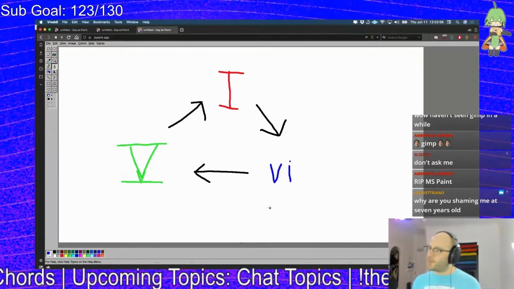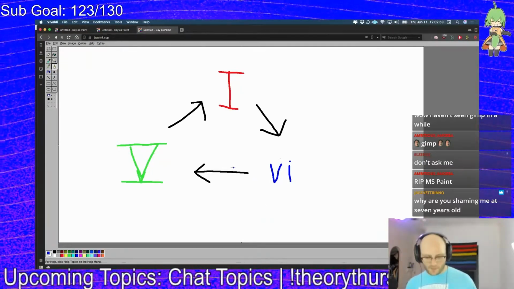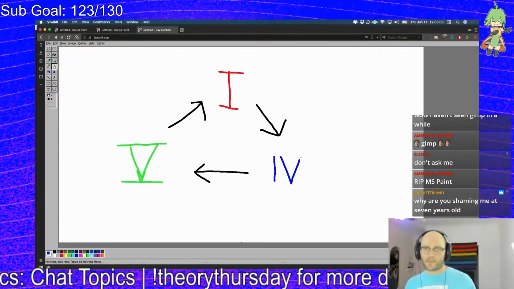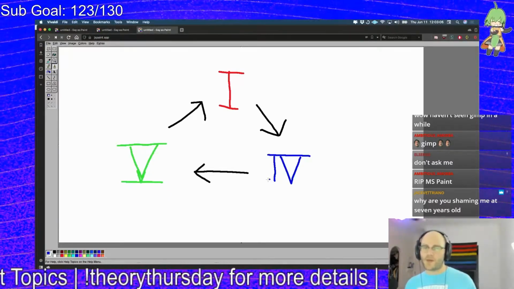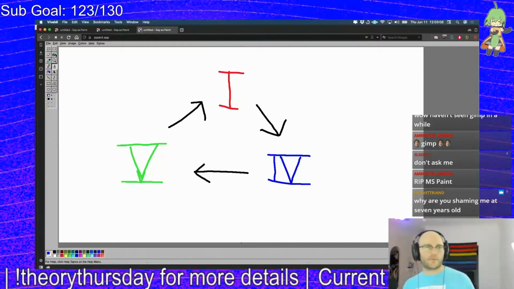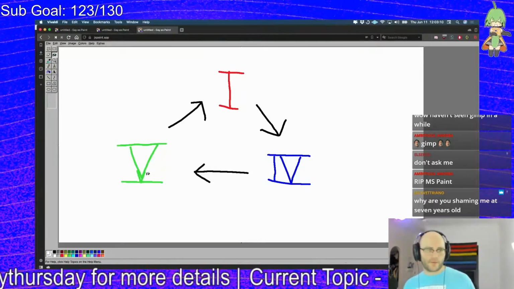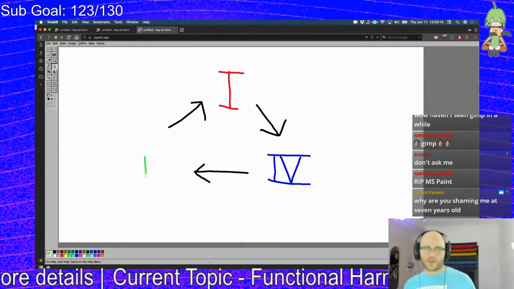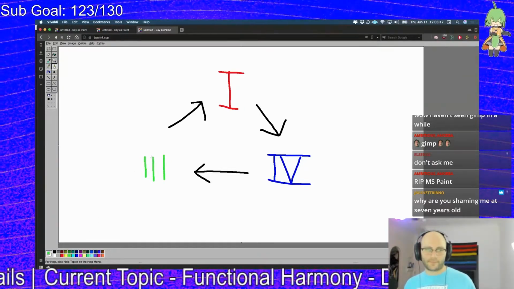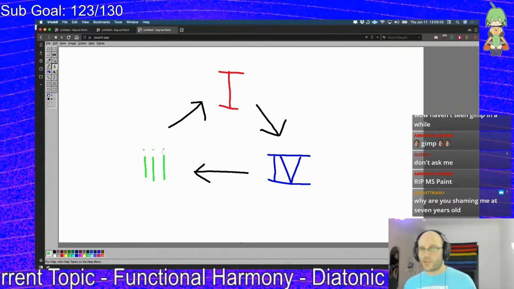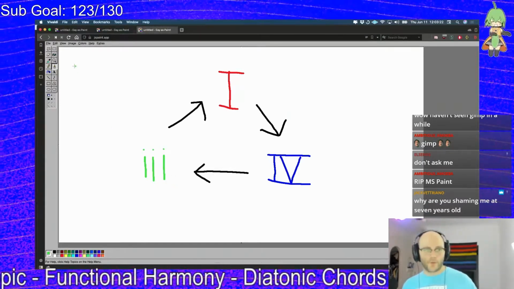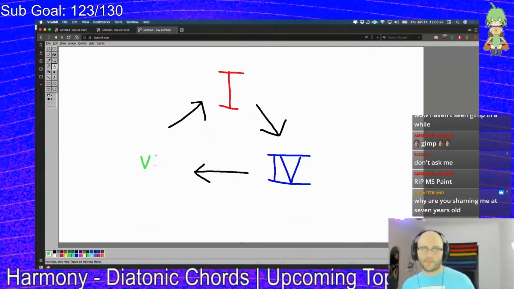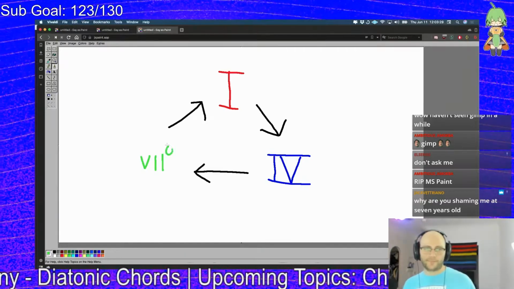All of these are acceptable substitutions of that very first 4 chord. Same with the 5 chord right over here. If I get rid of this sucker right here, we could replace it with the 3, and it would work just fine. We could replace it with the 7, and it would work just fine.